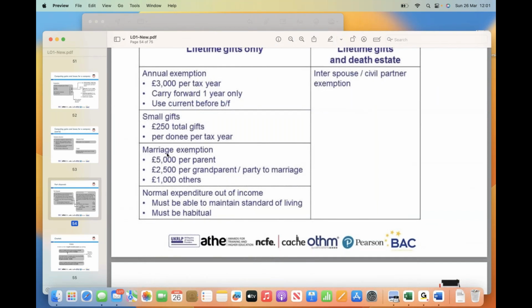Marriage exemptions: £5,000 per parent, £2,500 per grandparent, party to marriage £1,000, others. Normal expenditure out of income must be able to maintain standard of living, must be habitual.